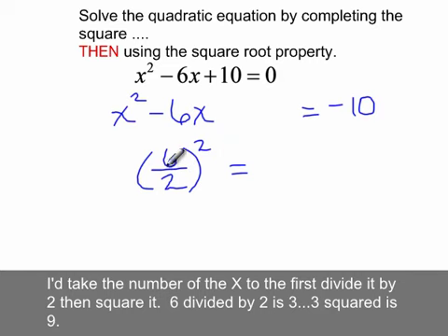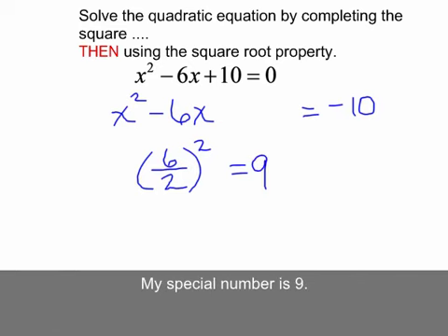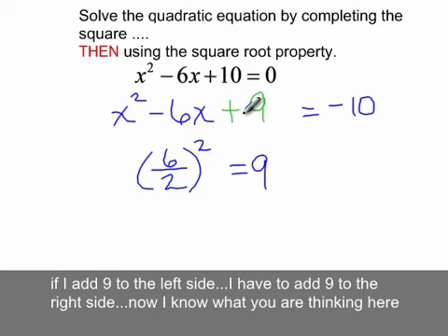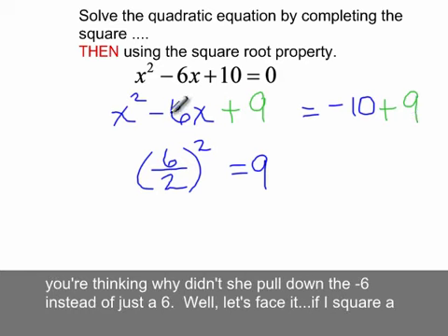6 divided by 2 is 3. 3 squared is 9. My special number is 9. So I'm going to add 9. But if I add 9 to the left side, I have to add 9 to the right side. Now I know what you're thinking here. You're thinking, why didn't she pull down the negative 6 instead of just a 6?